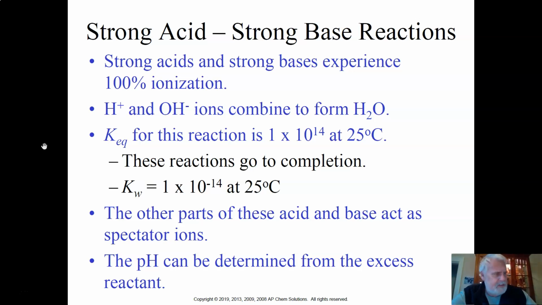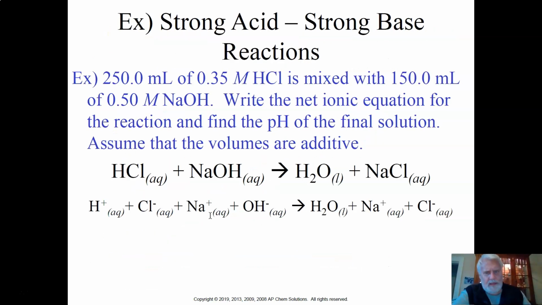One of the things that you might want to highlight on this page is looking for spectator ions. That goes back to Unit 4 when we did the net ionic equation. This is usually the simplest example they give in general chemistry.